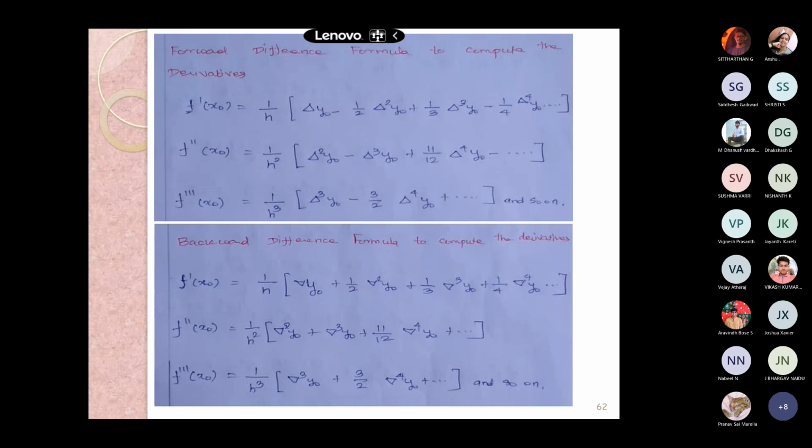Here the value 0.6 is nearer to the end of the table, so it is suggested to consider the backward difference formula. y dash of x naught is equal to y naught plus 1 by 2 into the second difference of y naught plus 1 by 3 into the third difference of y naught, and it continues with the higher differences and so on.